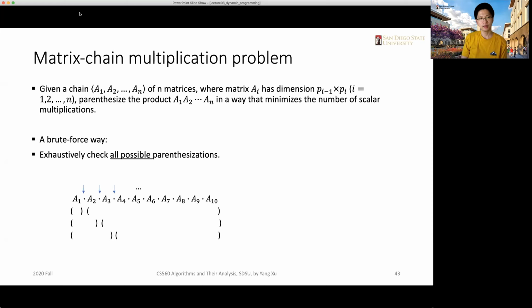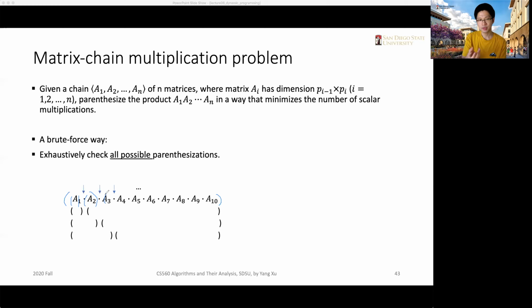We can put a parenthesis around A1, and parentheses around A2 and the rest of the matrices. That is one way. Or we can put parentheses around A1 and A2, and the rest. The blue arrows here indicate the last layer of parenthesization that we want to place.